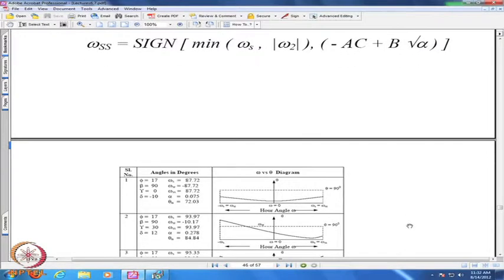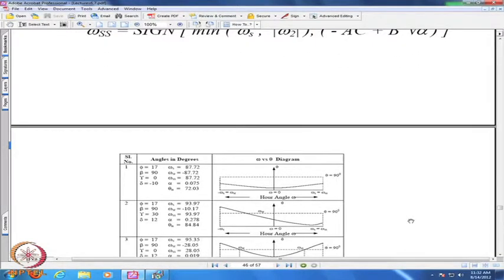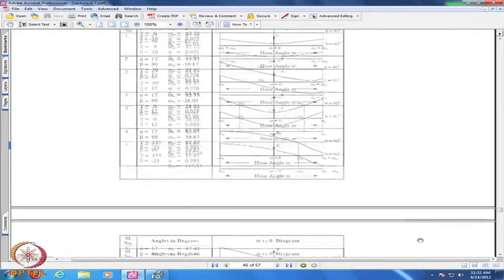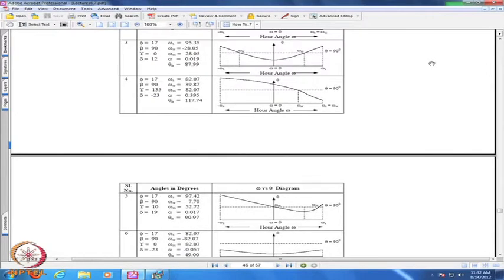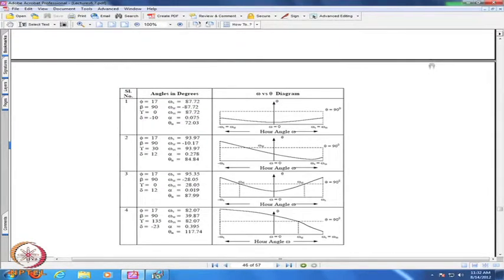So, I have given examples here which I shall write down, because this print is too small. This first table contains single sunshine orientations with all the types of possibilities I have shown.